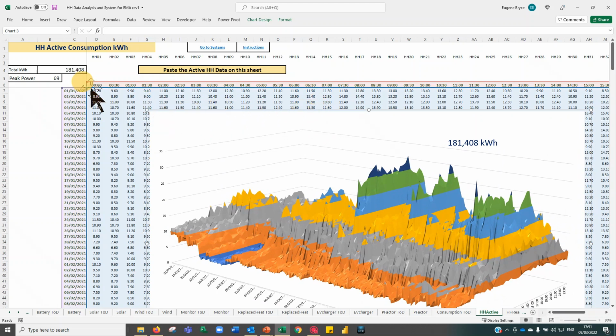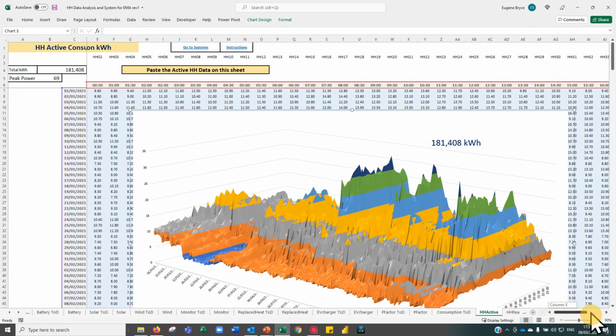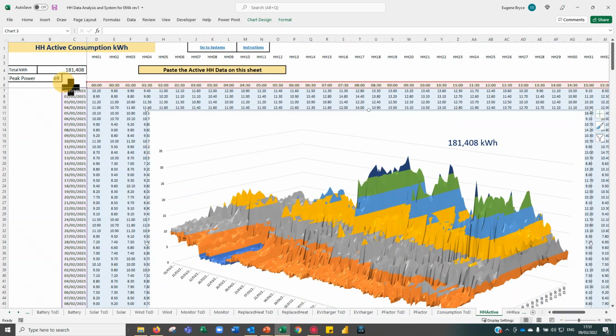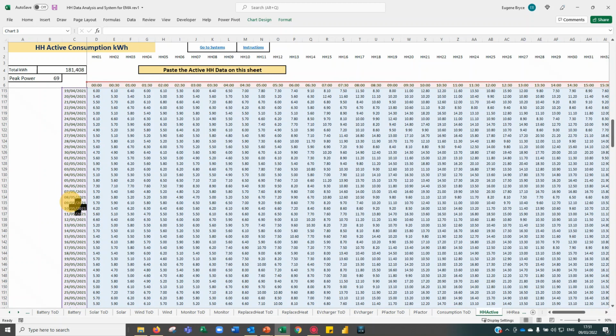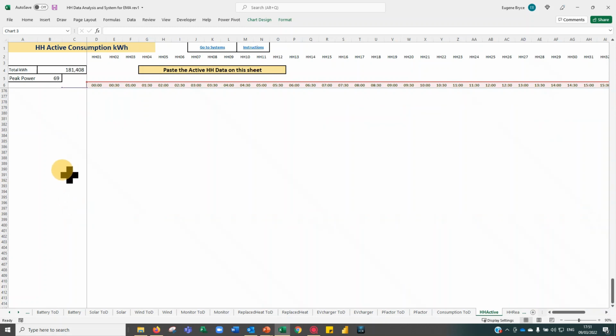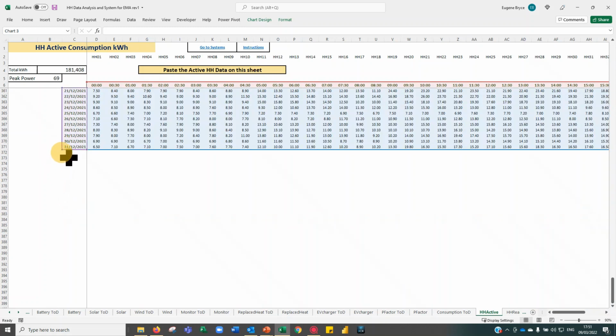Again, along the top we have the half-hourly time periods all the way to 11:30, and down the axis we start with the 1st of January, all the way down to the 31st of December. So that's the idea.